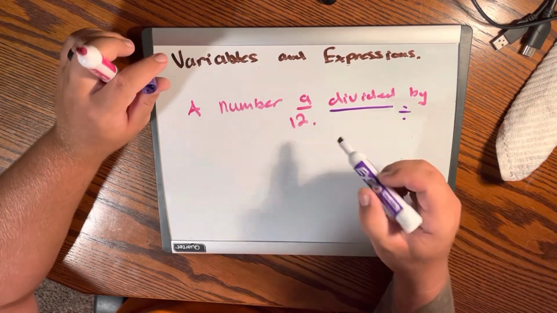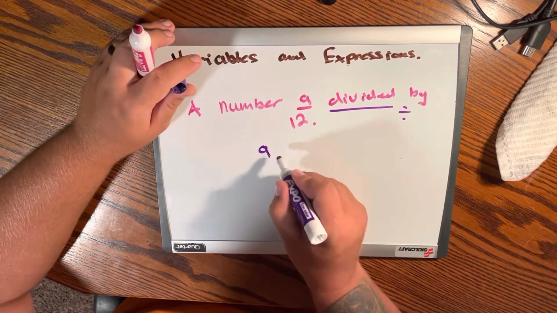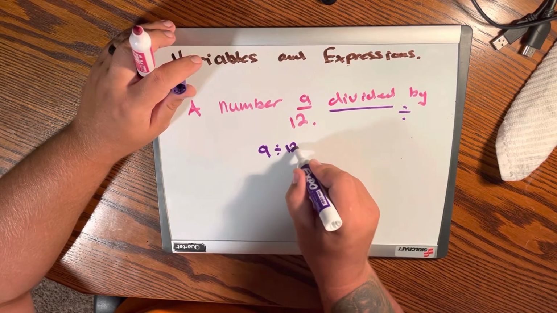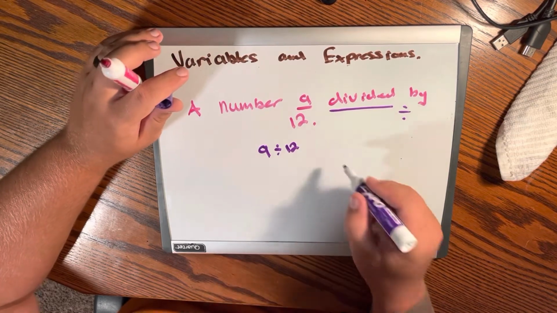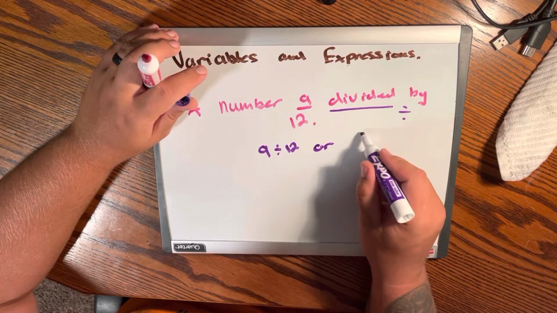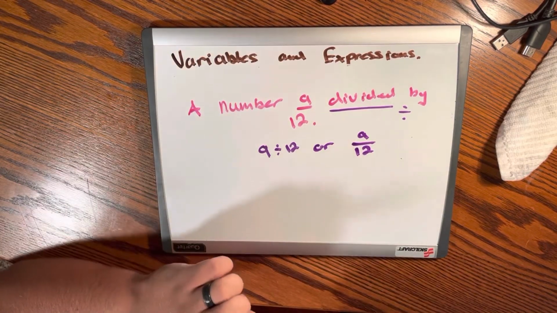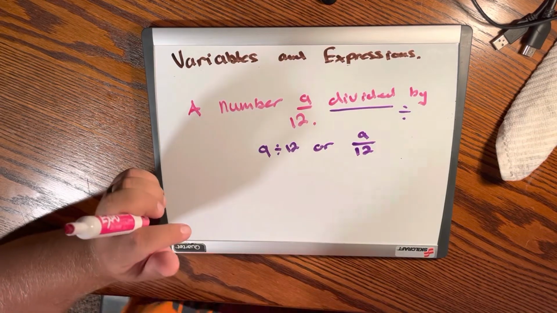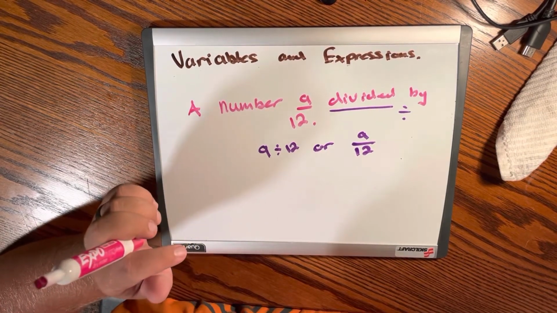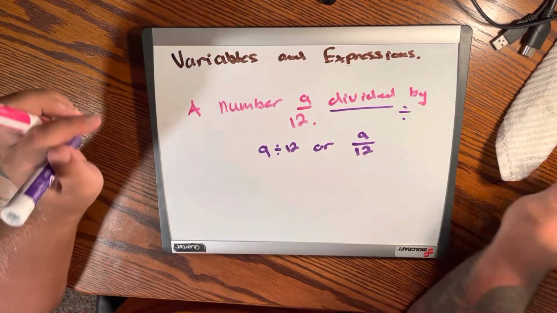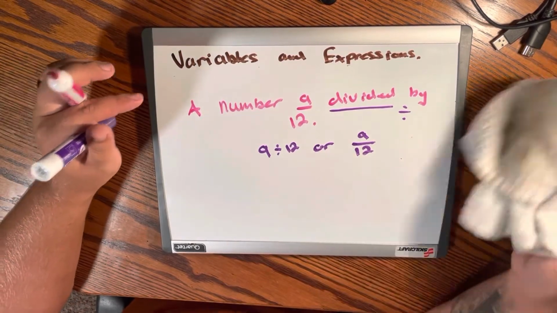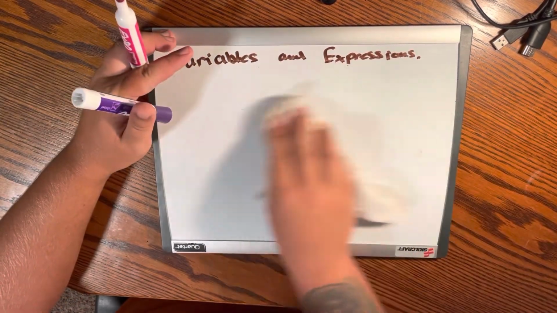And if it's a divided by 12, it's just going to be a divided by 12. Or you can use a fraction bar and make it into a fraction, because remember, any fraction is a division problem. So a number a divided by 12 would just be a divided by 12. And our last one.